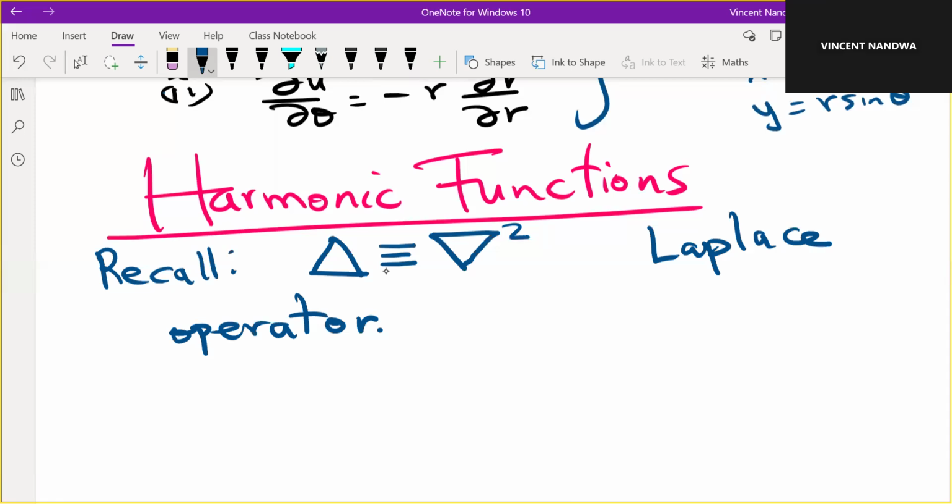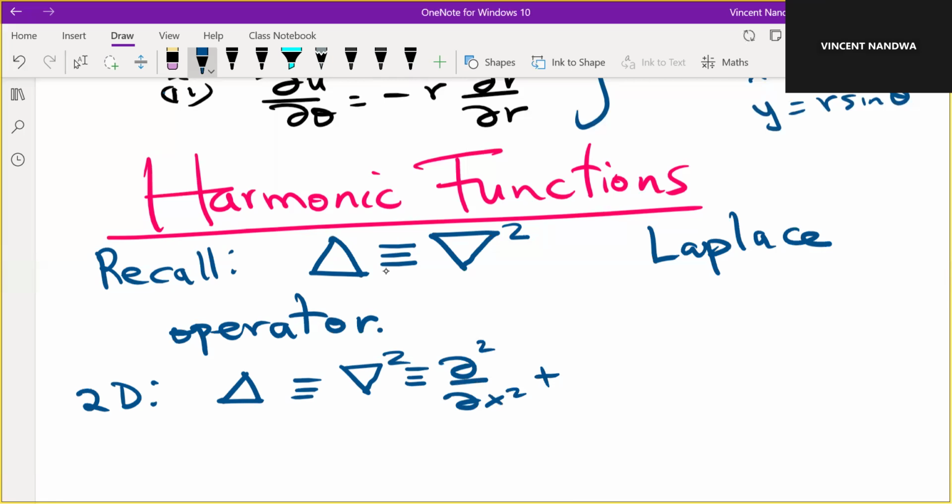And the Laplace operator in 2D means partial squared partial x squared plus partial squared partial y squared.